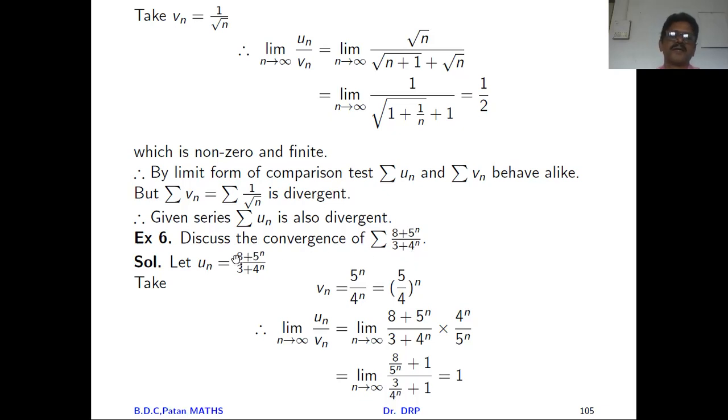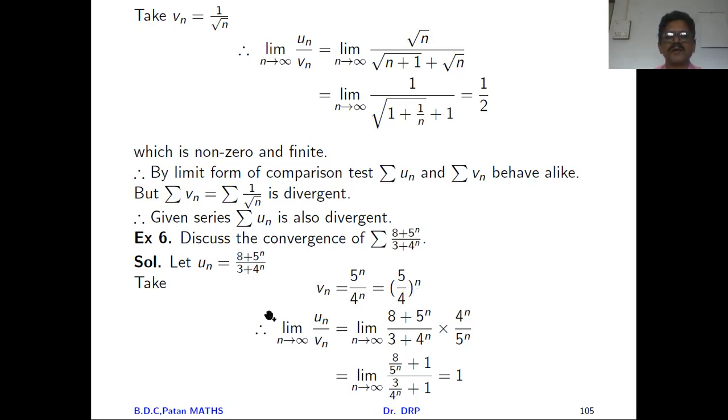Then you will get un to be 8 plus 5 raised to n divided by 3 plus 4 raised to n. And earlier in the theory part, I have discussed, you select vn to be what? 5 raised to n divided by 4 raised to n, that is 5 upon 4 bracket raised to n.